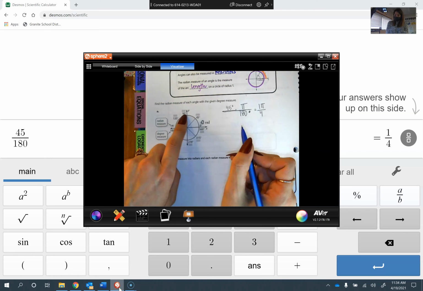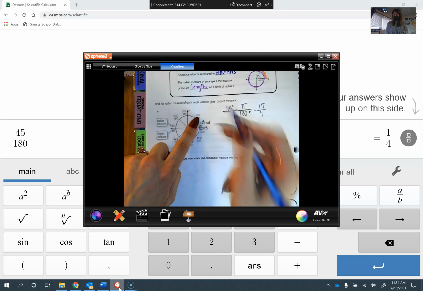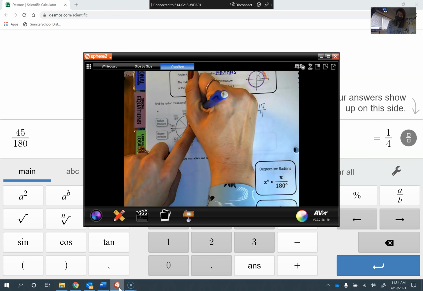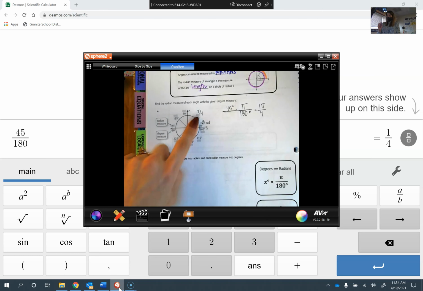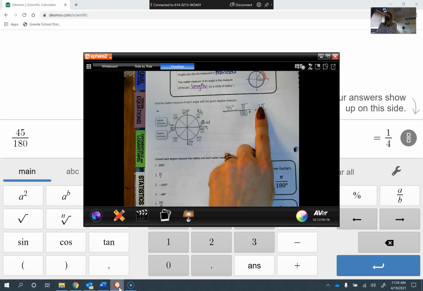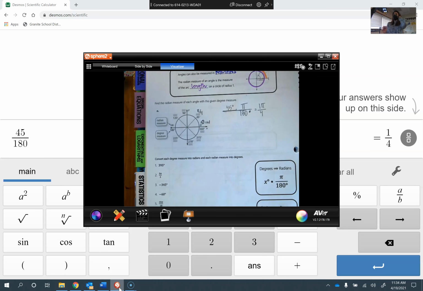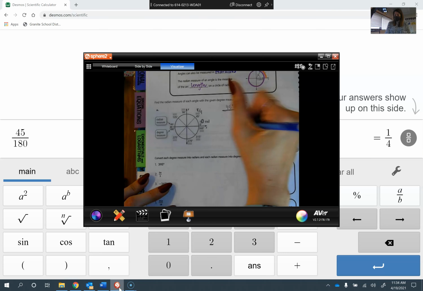So here at 45 degrees, what we're going to plug in is pi over 4. If it's 1 pi, it looks better for us to just write it as pi. Are you guys okay?